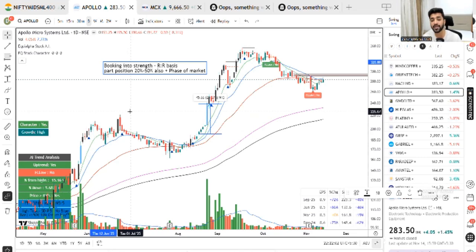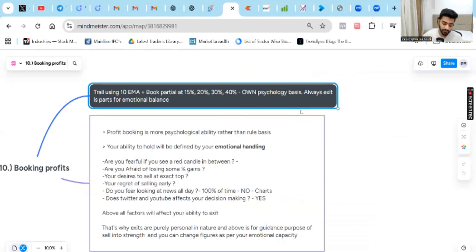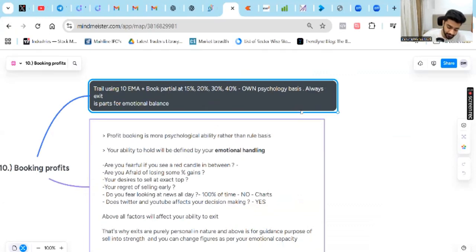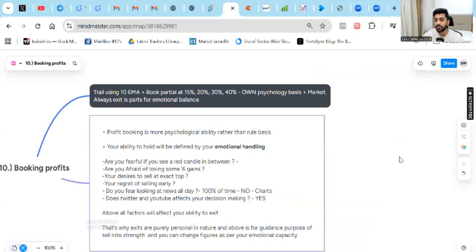If I am in a bull market, then I'll wait for 20%, then 25% to come, and then book. This all will depend on your emotional, psychological basis plus where you are in the market.